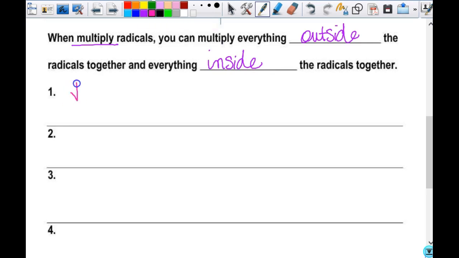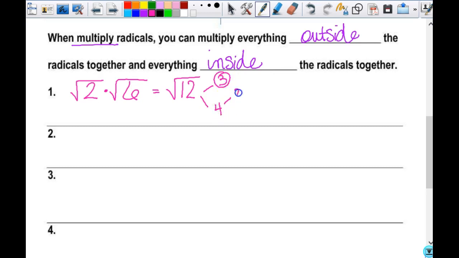So say we start with the square root of 2 times the square root of 6. Okay? Now, first you might want to look at, could I even simplify either one of these? Well, I know I can't simplify this one, and then that's just 2 times 3, so I can't take anything out. But this gives me the square root of 12, because I can just multiply everything underneath it together. Then you try and simplify it if you can. So I'm going to do my tree, but I'm going to do it sideways. So we'll use 3 and 4.